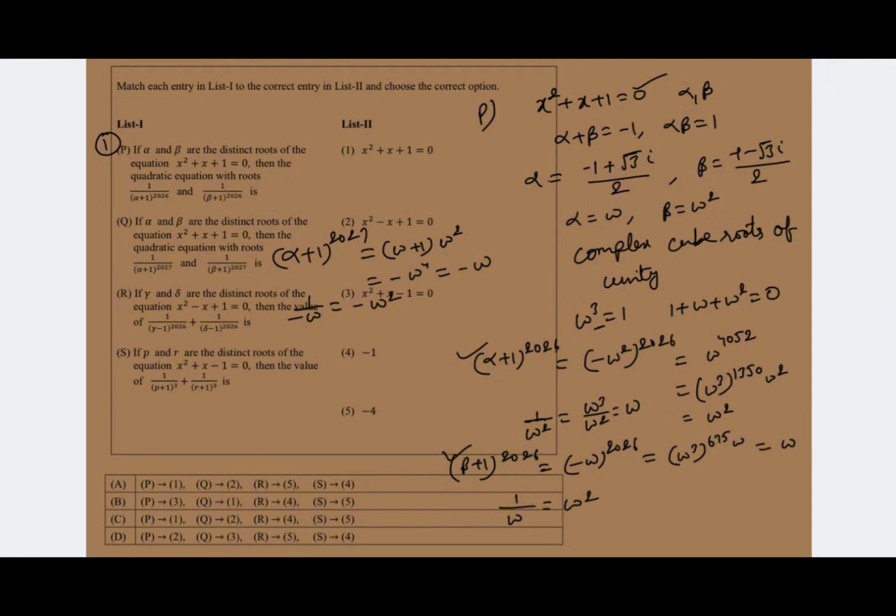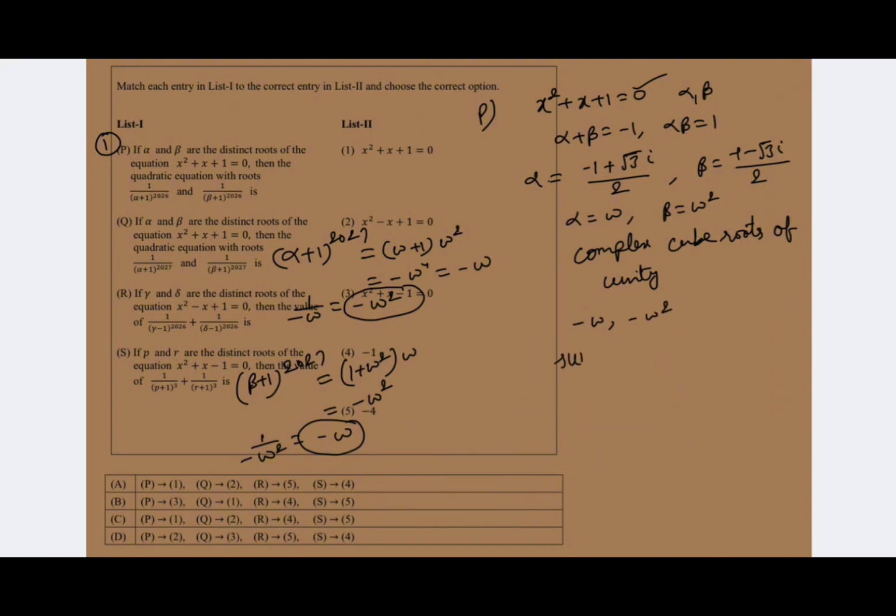So this is our first root of the required equation, and similarly we can find beta plus 1 to the power 2027, which is beta plus 1, which is 1 plus omega square, into omega. 1 plus omega square is minus omega, so we are left with that, and we have to take the reciprocal of it. So after taking reciprocal, we are left with minus omega. Therefore our required equation will have minus omega square and minus omega as its roots.